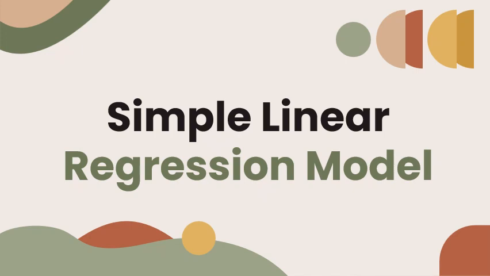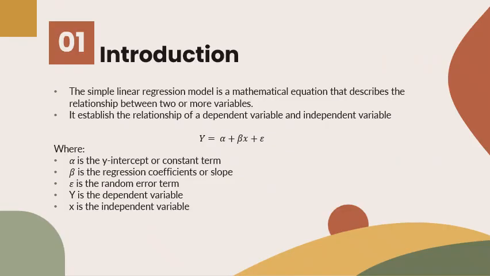Now, like I said just now, in this topic we consider two types of tests: the first one, linear regression, and the second one, a correlation test. Let's take a look at the first one, which is the simple linear regression model. As an introduction, the simple linear regression model is a mathematical equation that describes the relationship between two or more variables.